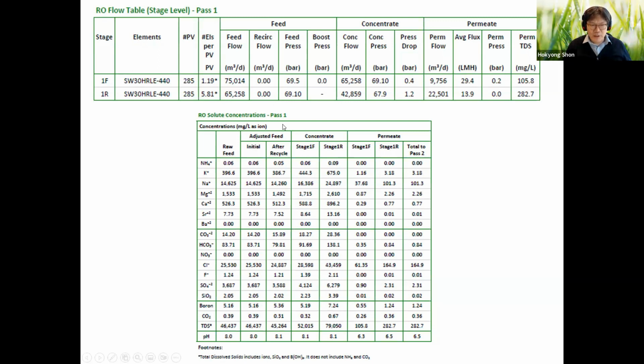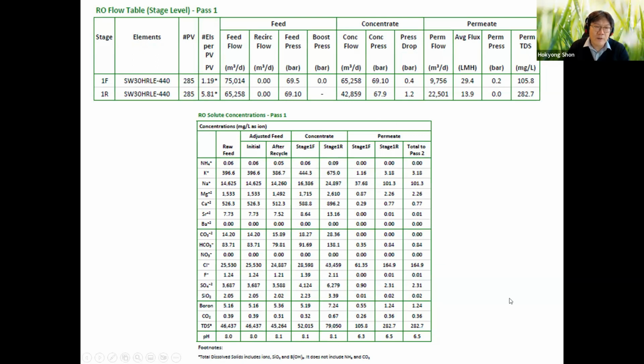So this is pass 1. It is still 0.55, a little bit high concentration, so you need to go to a second pass, and then your boron concentration can be reduced. Also pH, you can see how it keeps changing.